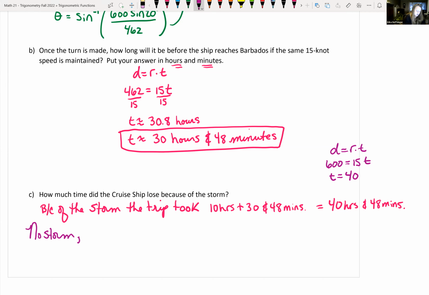So without the storm, it would take 40 hours. So the extra time was 40 hours, 48 minutes minus the 40 hours it would have taken. So it's just extra time was 48 minutes.